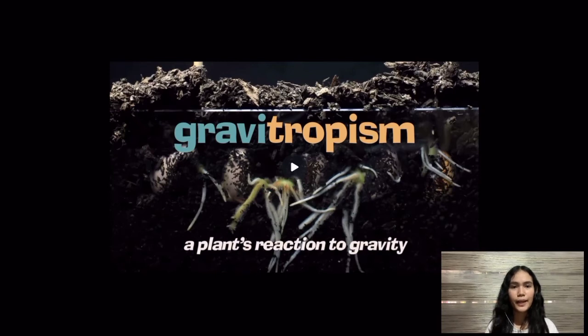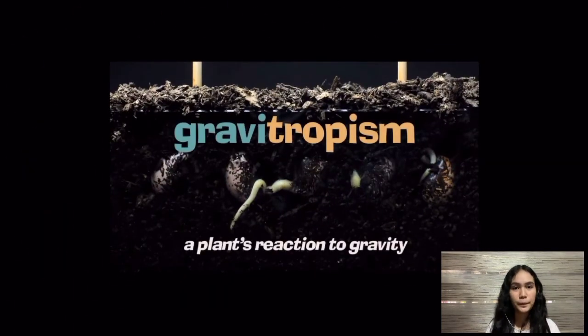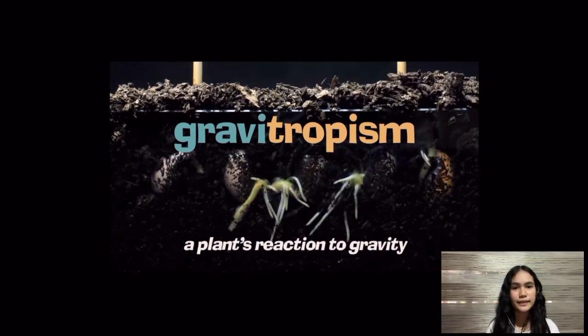Growing off the apical tip upward is called negative gravitropism, while development of the roots downward is called positive gravitropism. Just remember that upward is negative and downward is positive.